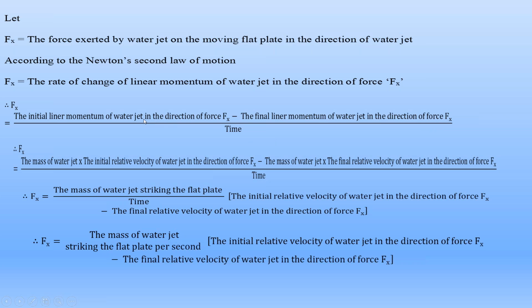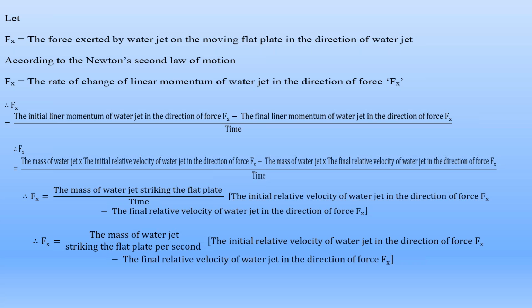Then coming to the numerator, the initial linear momentum of the water jet in the direction of force Fx is the mass of water jet into, in this condition, since the plate is also moving, the water jet strikes the plate with relative velocity. So that is VR.